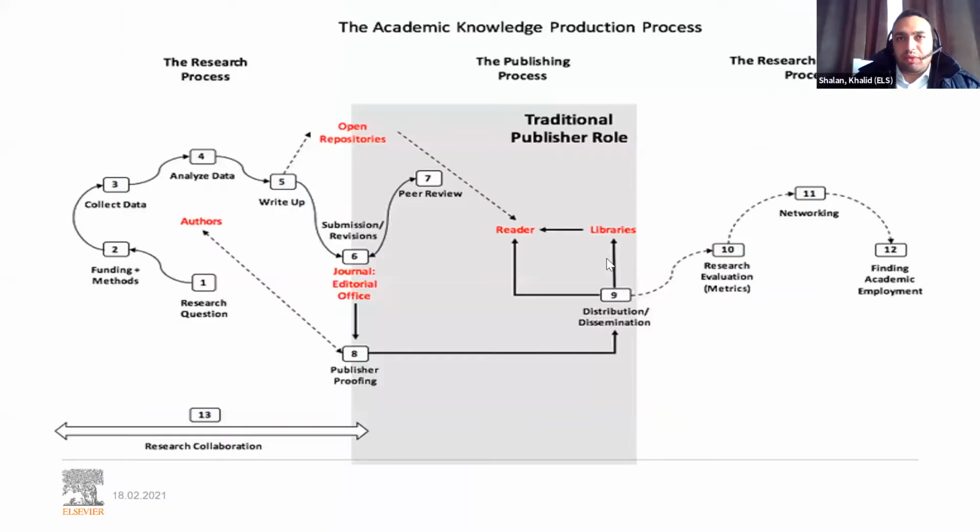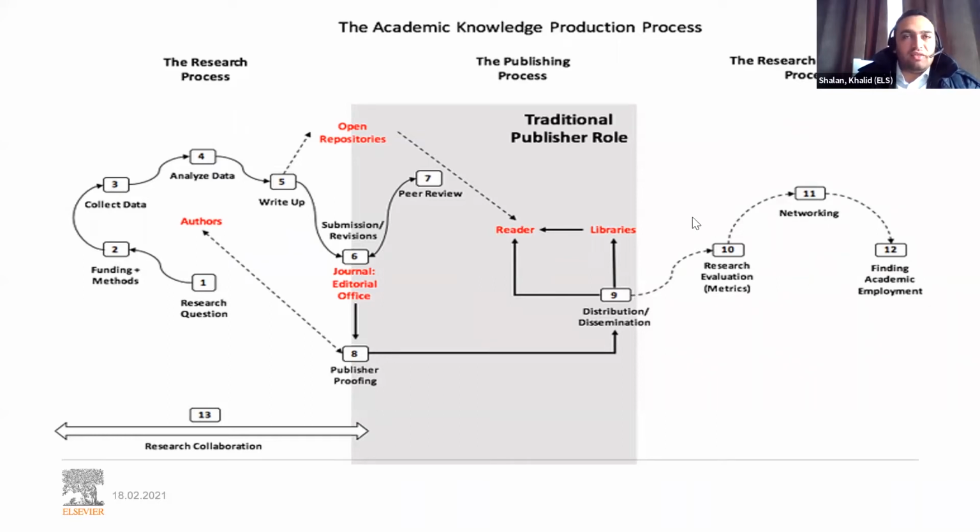Usually, if you look at the publisher, the role starts when the research has been done somewhere, and the publisher starts to get in communication with the new research when it's submitted for publishing. It goes under peer review, back and forth with the editorial office. Once we have a revised and accepted manuscript, then it's disseminated by the publisher to readers and libraries worldwide. And then it goes back into the research community.